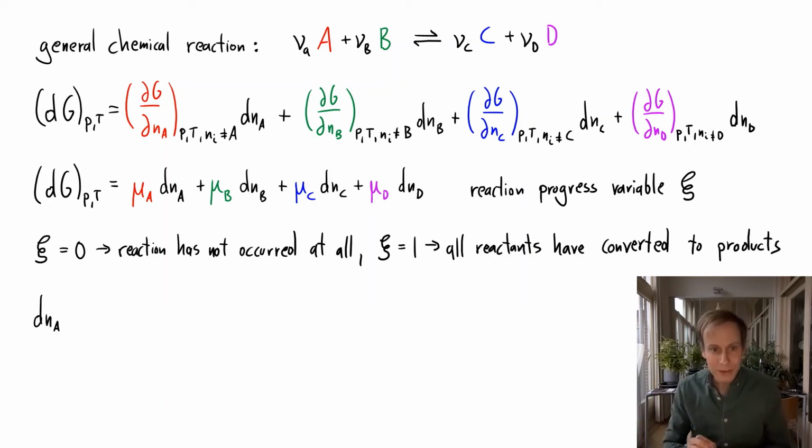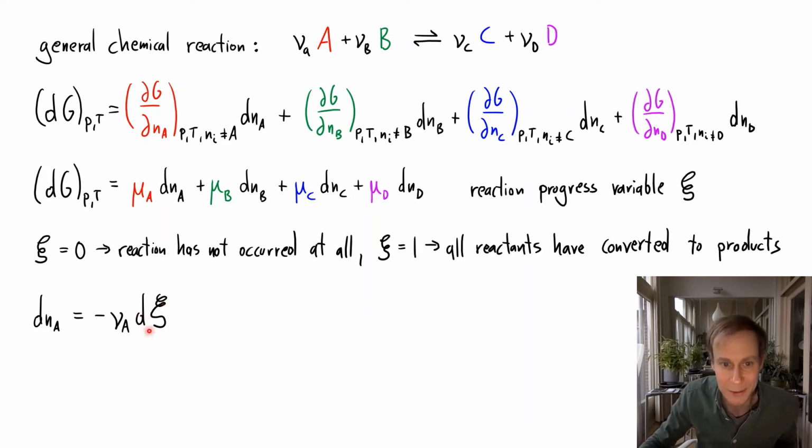So with this squiggle, we can now express the changing moles of the reactants and products in a different way. We can write the stoichiometric coefficient of the corresponding reactant times the change of that squiggle variable, right?